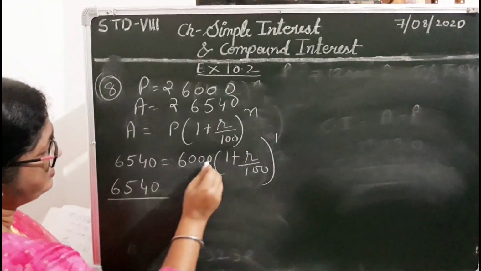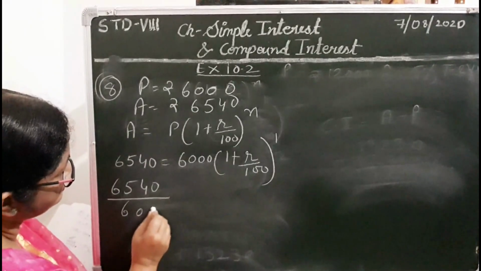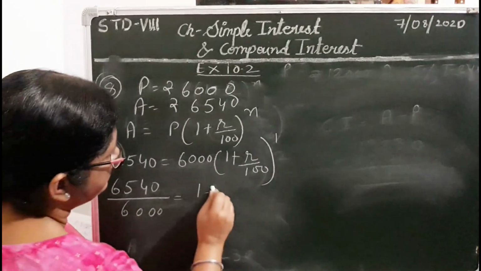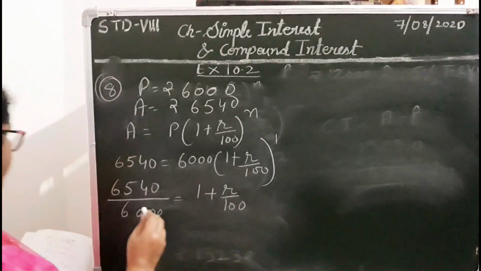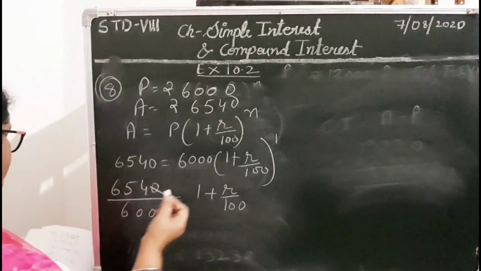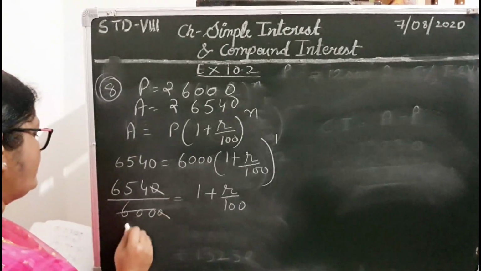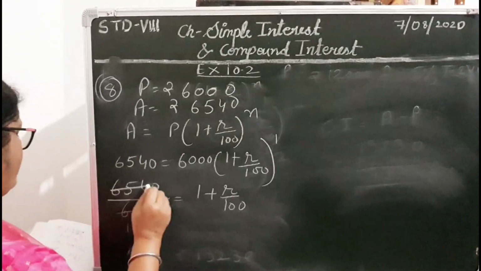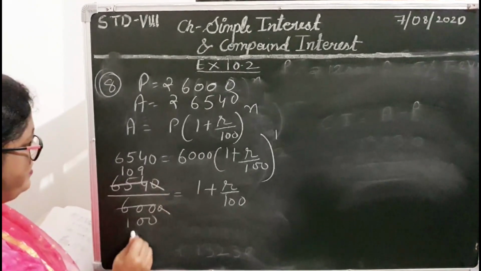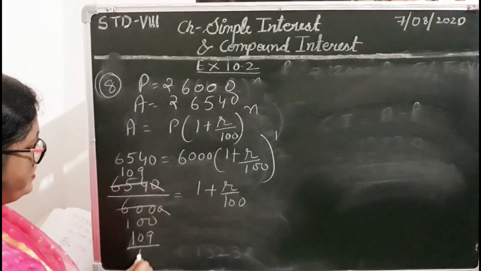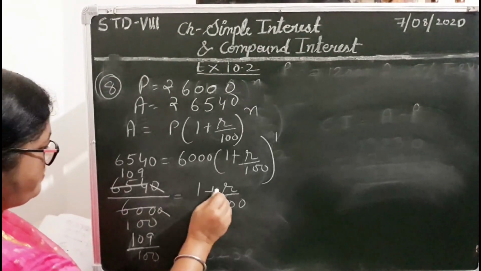6,540, 6,000, this side we will divide, equal to 1 plus R over 100. Now cutting, 6 ones are 6, 6 nines are 54. Means 109 over 100 is 1 plus R over 100.